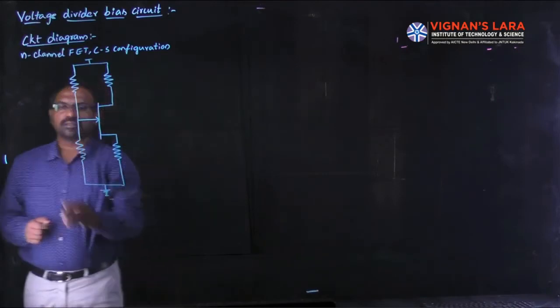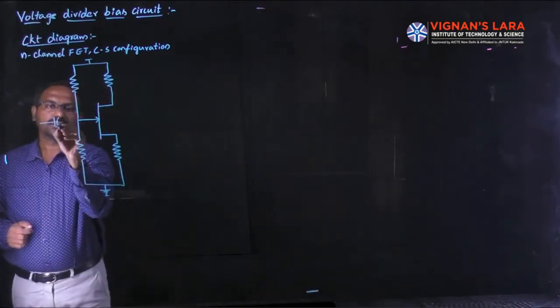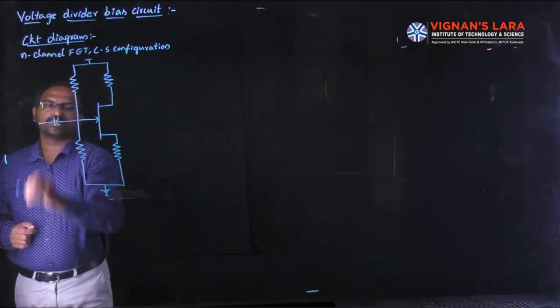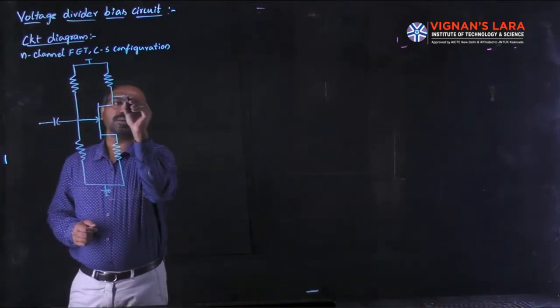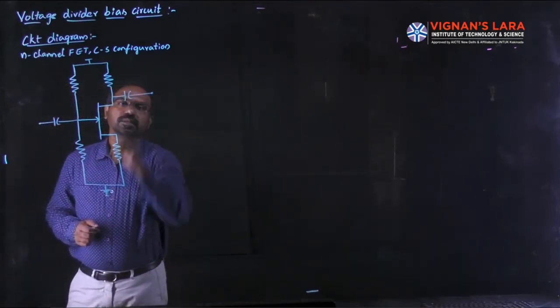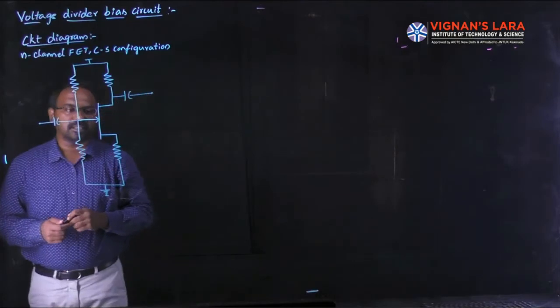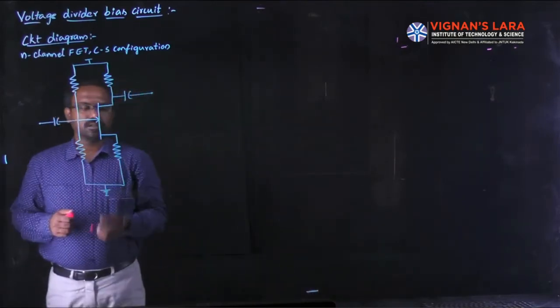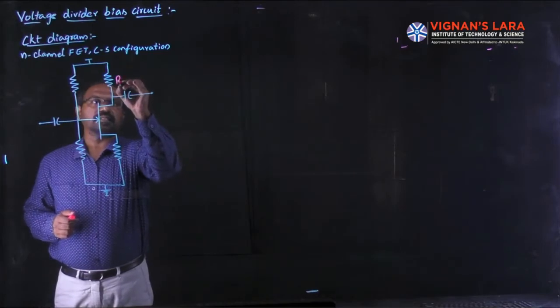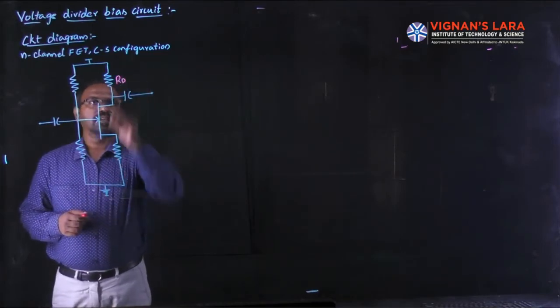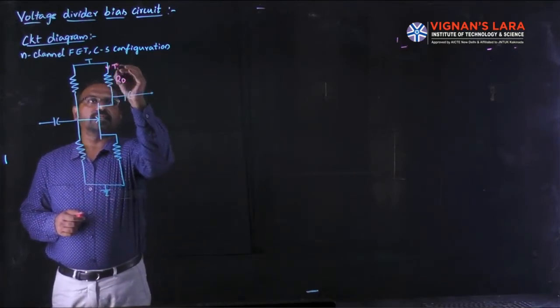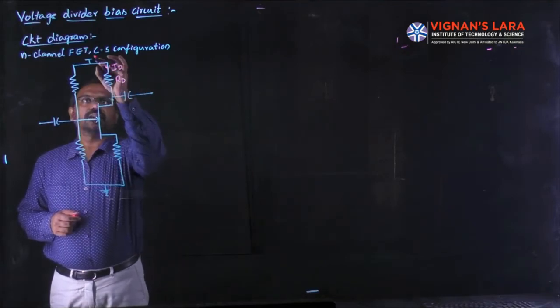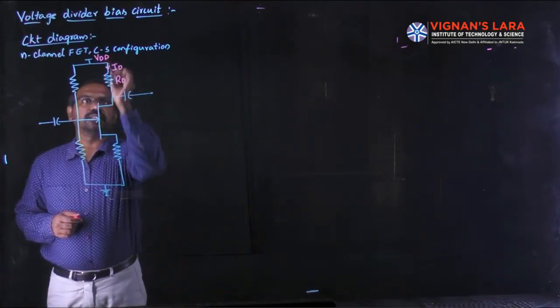Right? So the gate is connected to the input capacitor, and the output capacitor is connected across the drain. This resistance is RD and the current flowing through it is ID, and this is VDD.